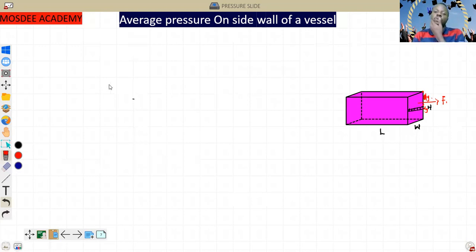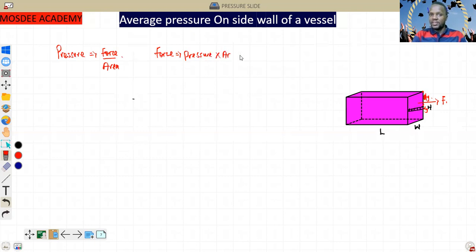Now let's go by what we have learned from the previous slide. Remember we say pressure is equal to force divided by area. Invariably, force is the same thing as pressure multiplied by the area.